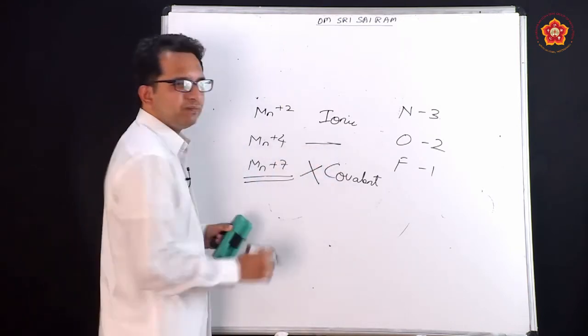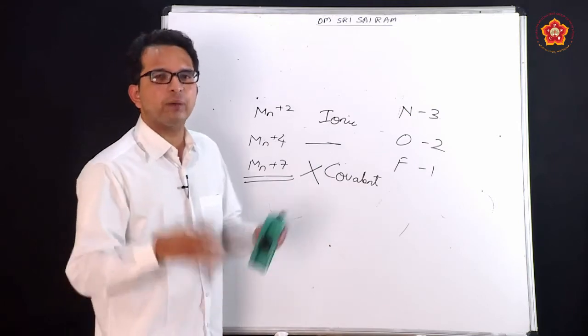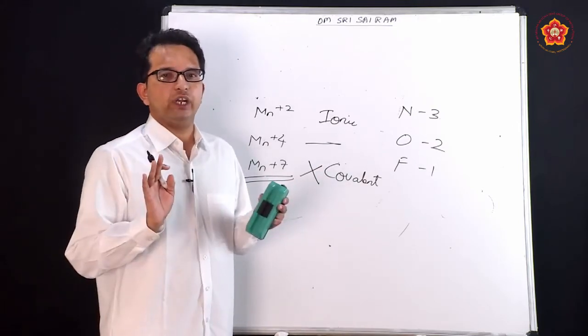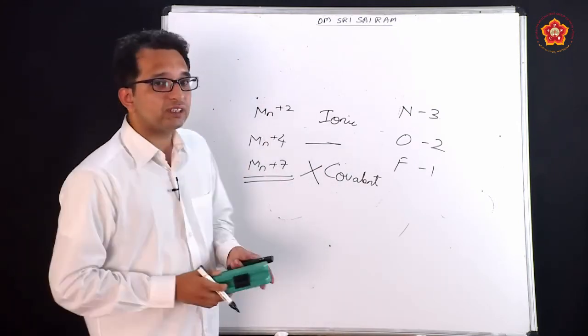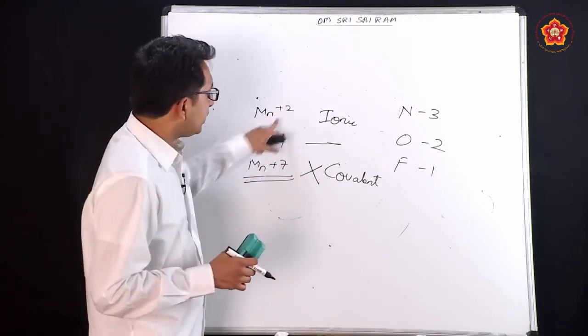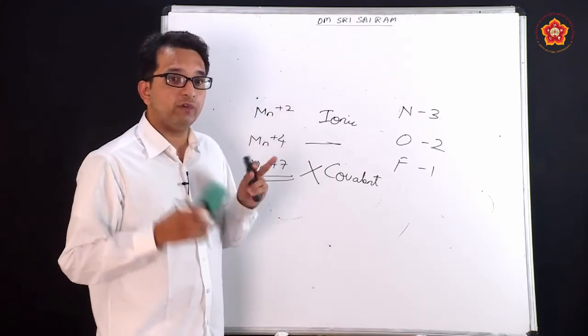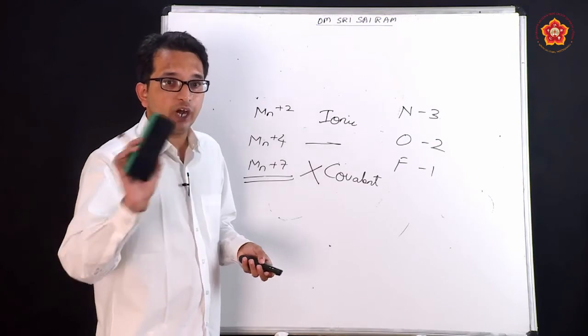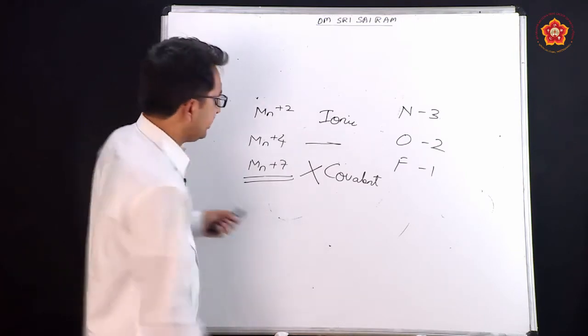Somewhere in between, they might prefer a little of ionic, a little of covalent bonding. So this is one factor that we can understand depending on the oxidation state of the compound, where we can realize whether it undergoes ionic bonding or covalent bonding in nature.